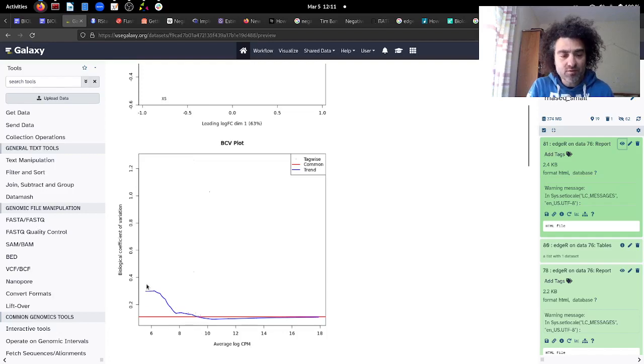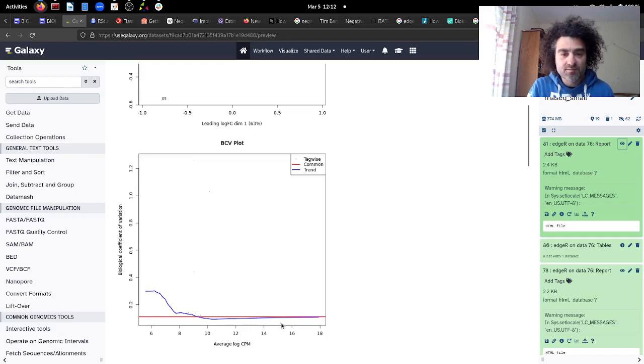And this is something that we know for RNA-seq experiments that it's true. So the variation is greater for the genes that are lowly expressed, and that's why we don't really trust the measurements of lowly expressed genes so much.